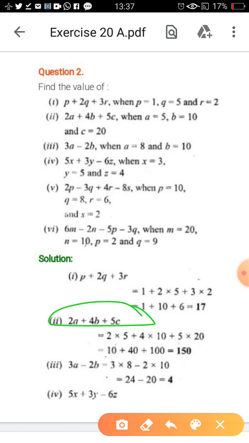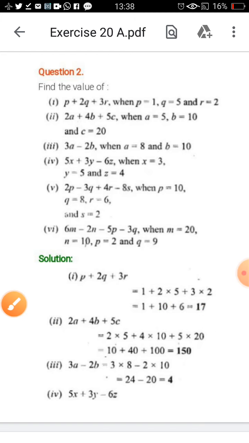Here a is equal to 5, b is equal to 10, and c is equal to 20.